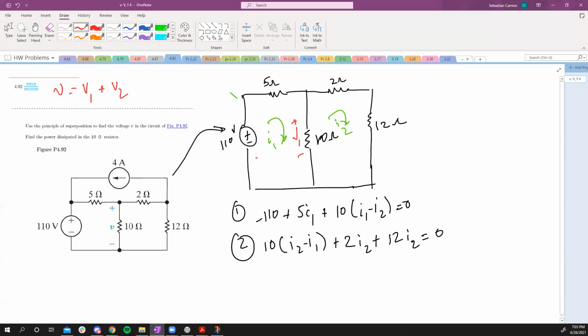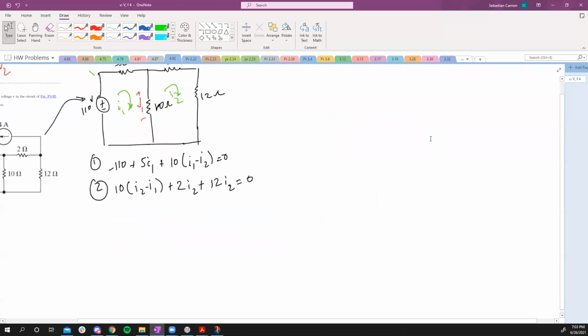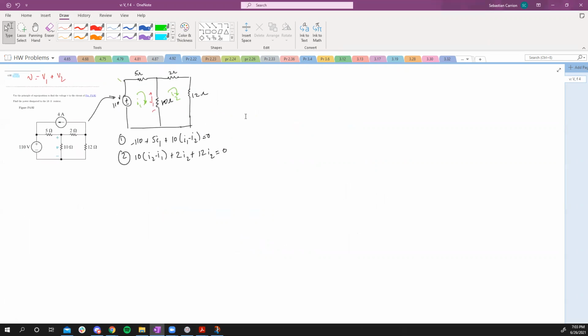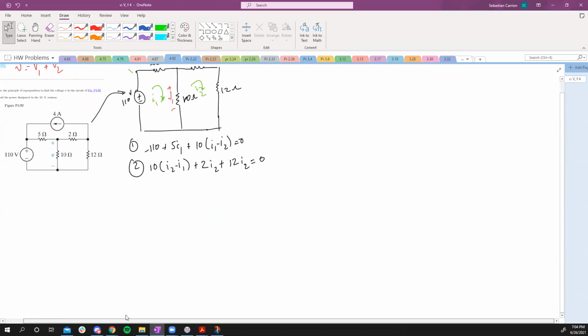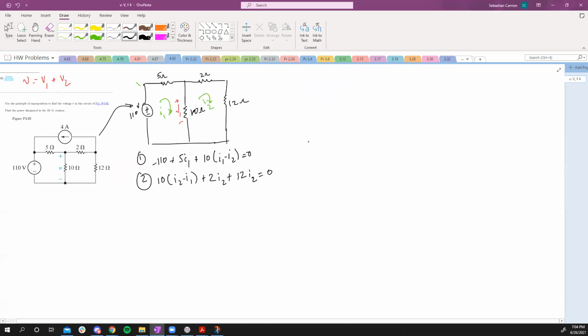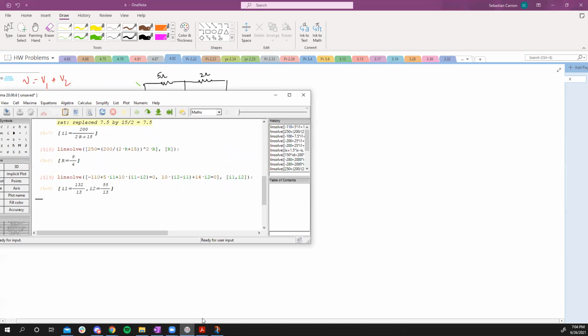Right. Okay, so V1 is equal to, well, what are our values? So it would be 132.